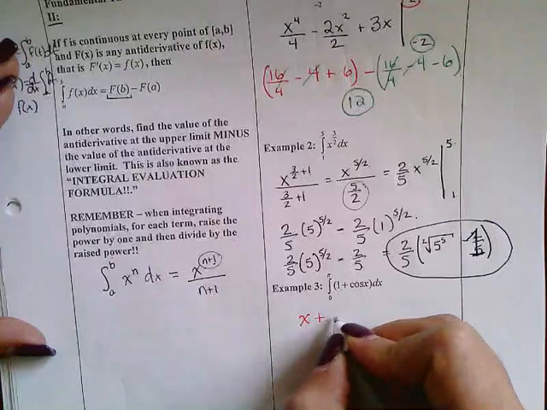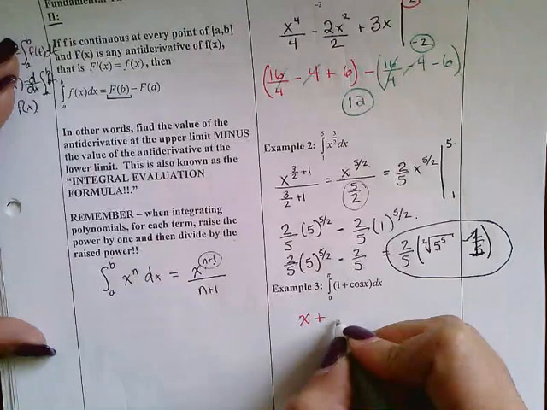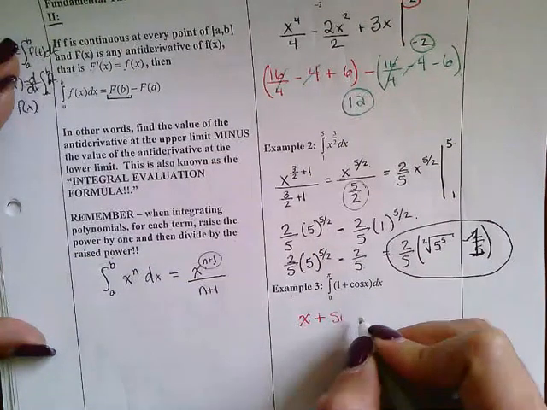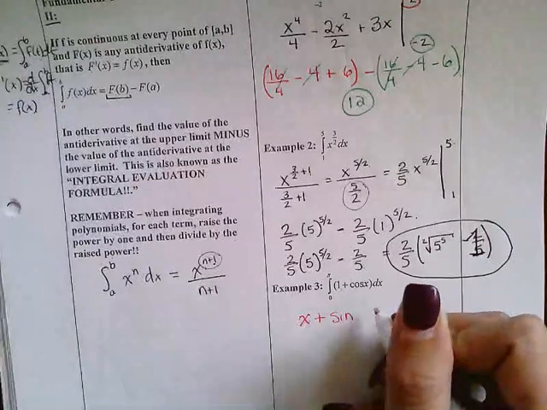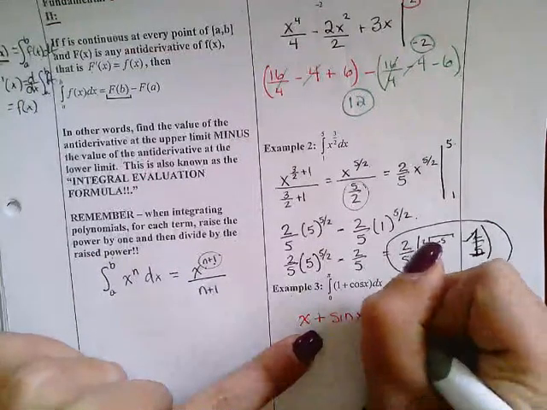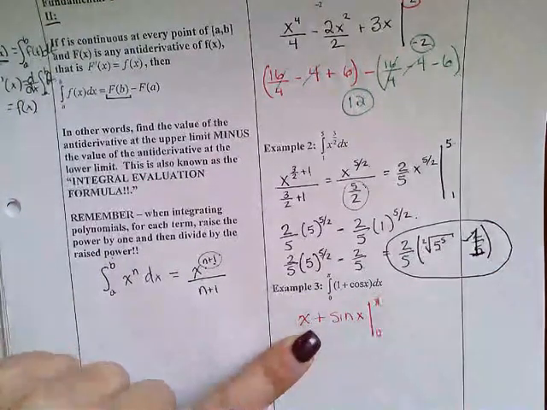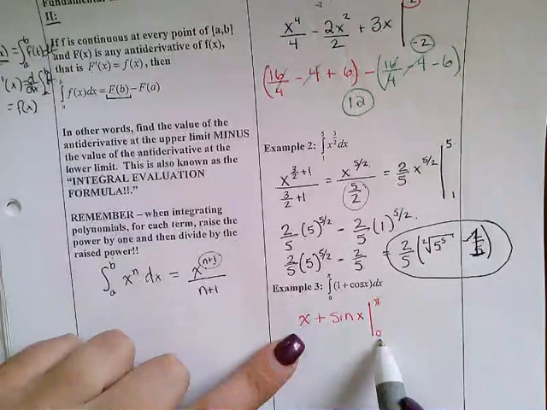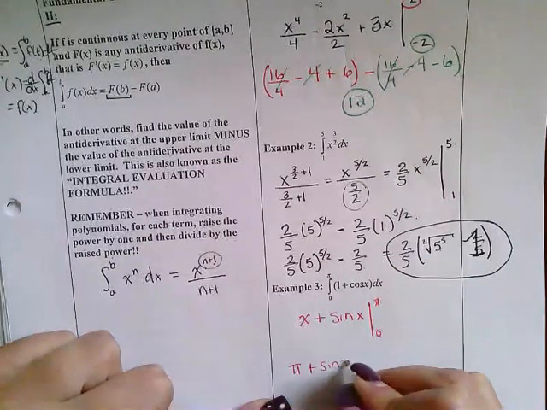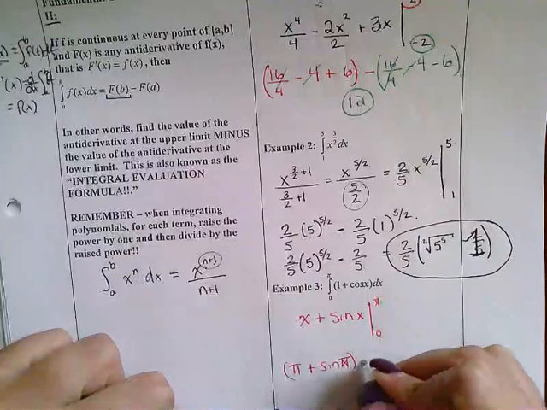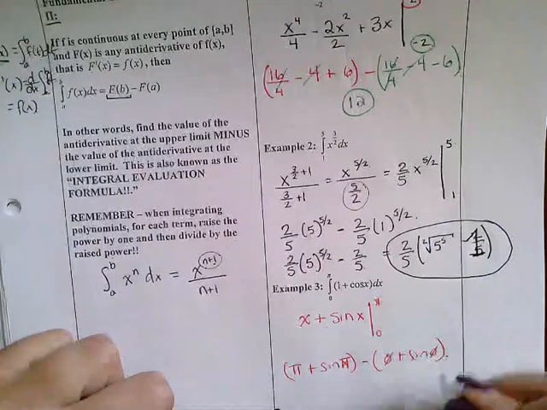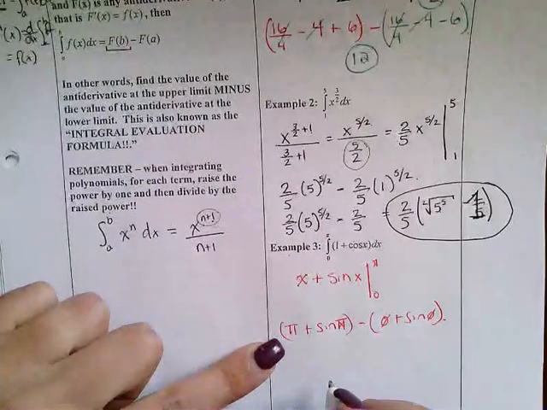The integral of cosine is going to be sine of x. Remember, it's not the derivative, it's the integral, so don't confuse those negatives, which I almost just did. Alright, so it's x plus sine of x from 0 to pi, and then you basically plug in pi plus sine of pi, minus 0 plus sine of 0, and what do you end up with?